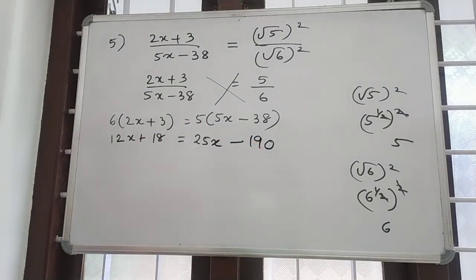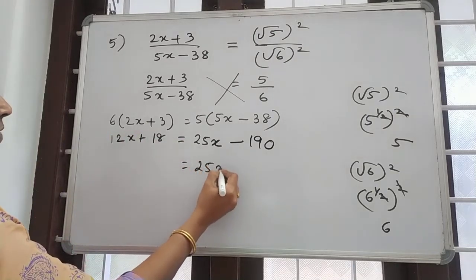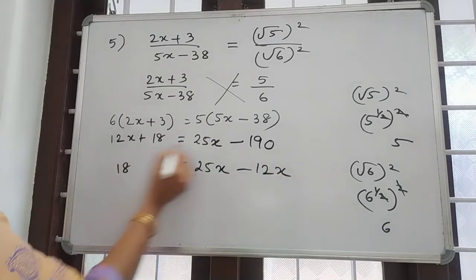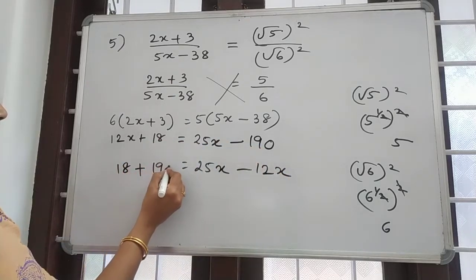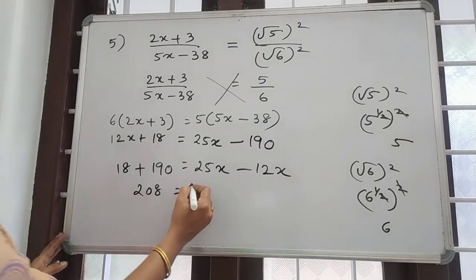So 25x minus 12x. Here we take minus 12x to the other side, and plus 18 becomes plus 190. So it will be 208 is equal to 25x minus 12x, which is 13x.